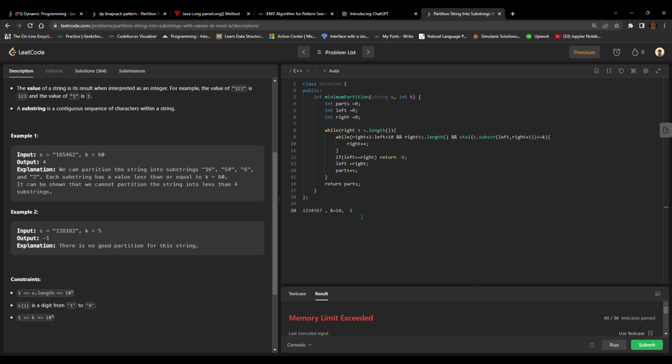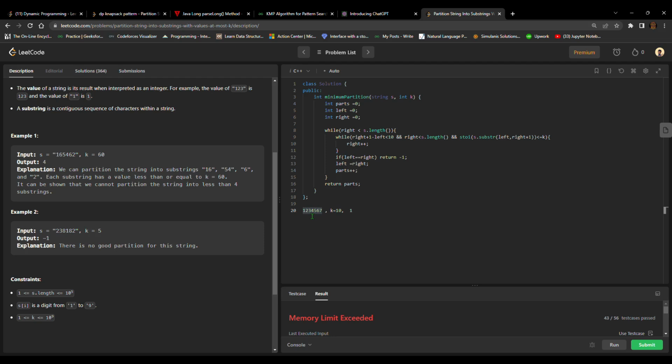So I went for 1. When I went for 2, the number went greater, so I did not do right plus plus. I just had 1 and said make left equal to right.